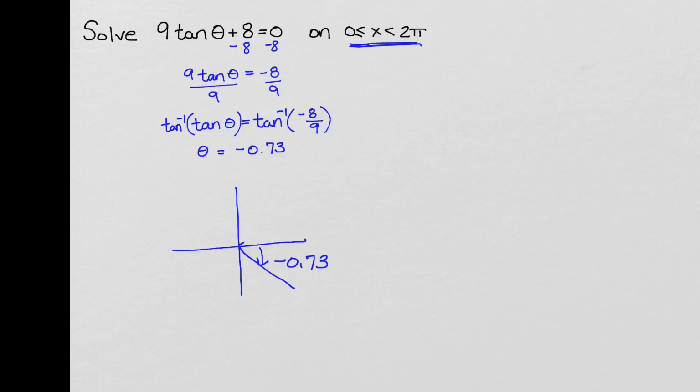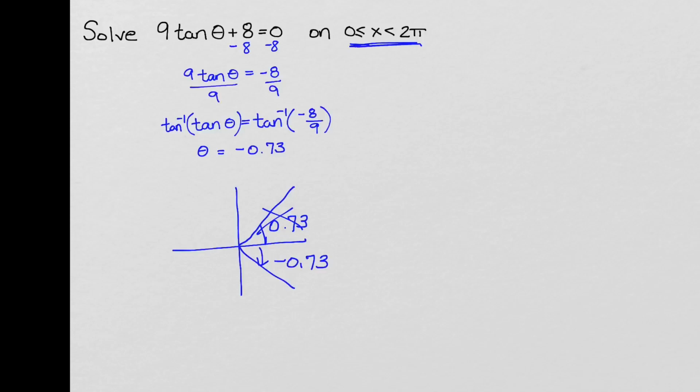I could look at the corresponding angle in quadrant 1, which is 0.73. And I know that this is no good. The reason why it's no good is because in our problem, we had tangent of theta equals a negative 8/9, and this would be when tangent of theta equals a positive 8/9.